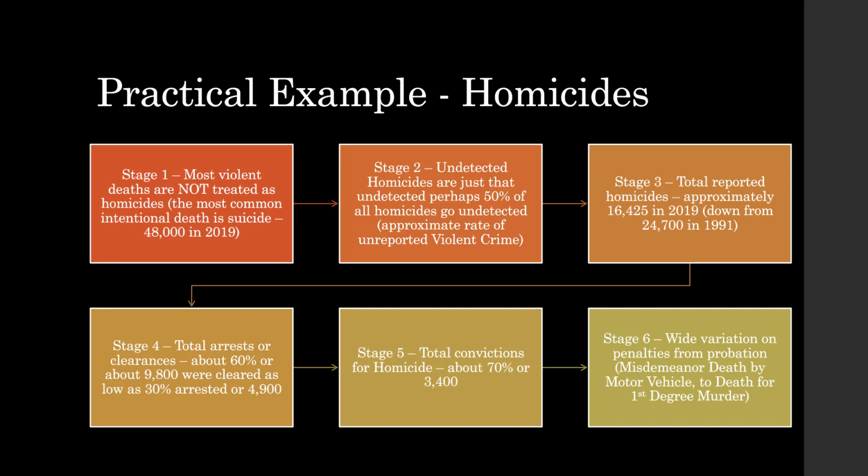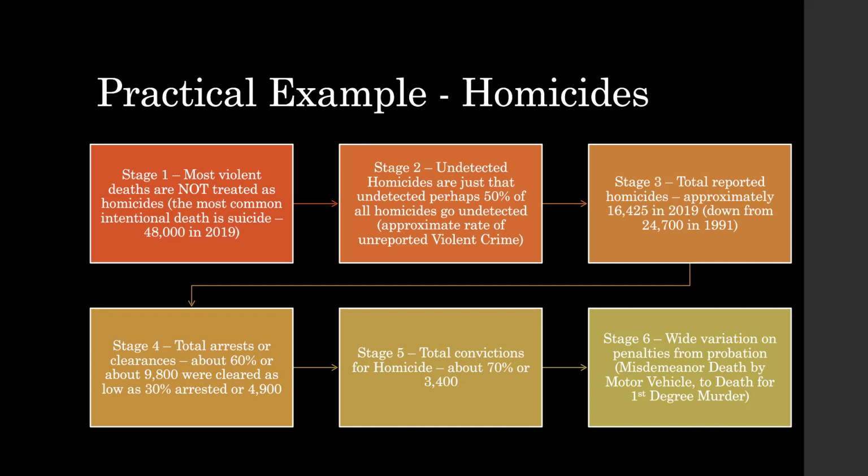And that could be something as undetectable as someone was suffering a debilitating disease, and in order to ease their pain, they were given an overdose of morphine or something like that. That would be technically a homicide, but it wouldn't go reported. Or it could be simply someone got away with murder.